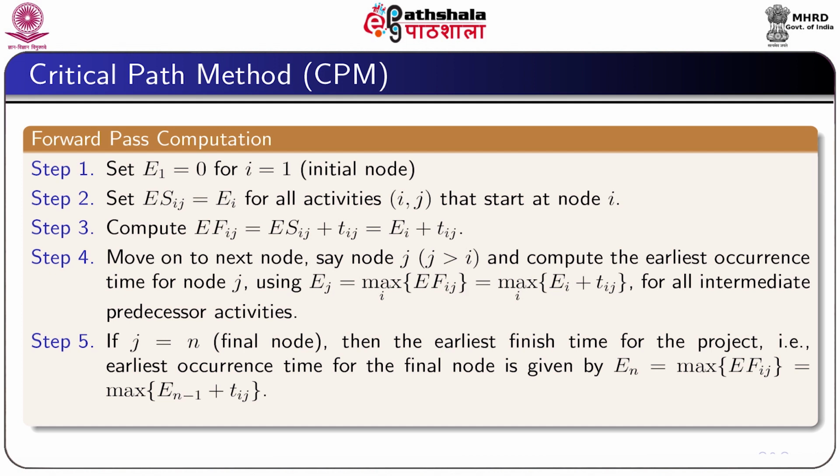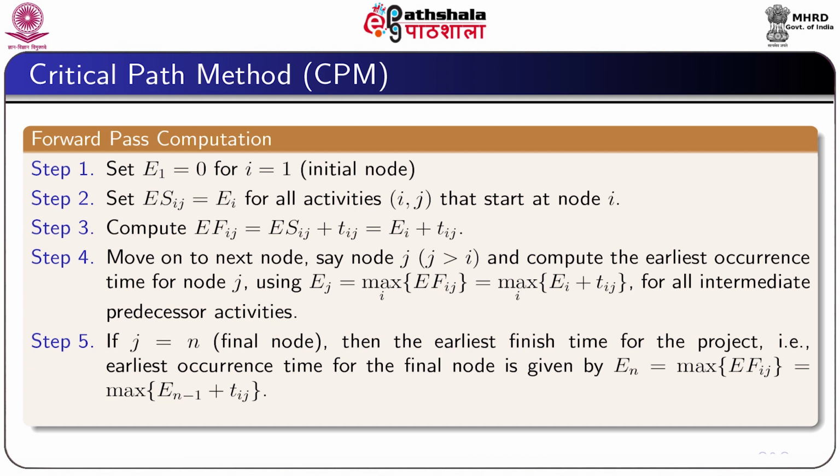Then move to the next node, say j, where j is greater than i, and compute the earliest occurrence for the node j, that is Ej is equal to maximum over i of EFij, which is actually maximum over i of Ei plus tij for all immediate predecessor activities.